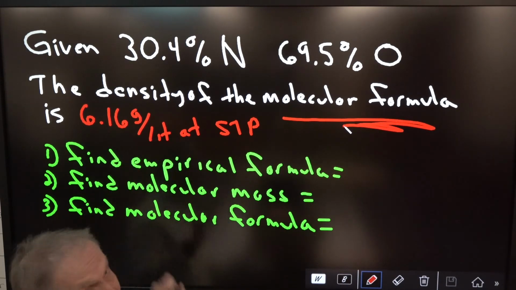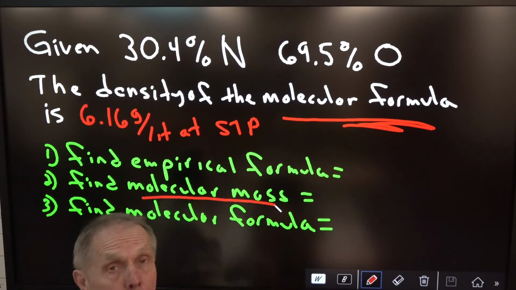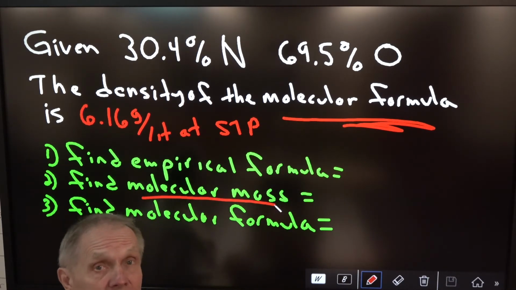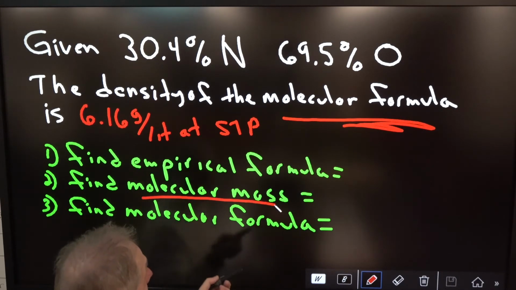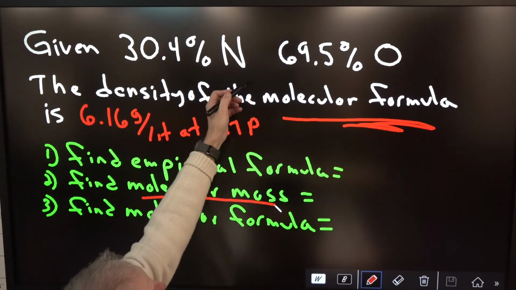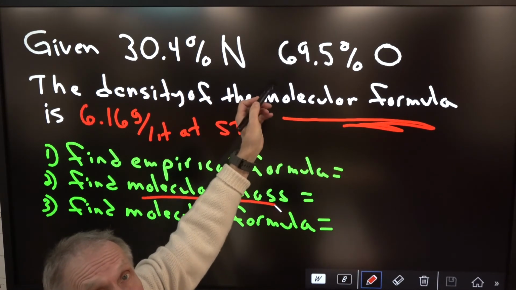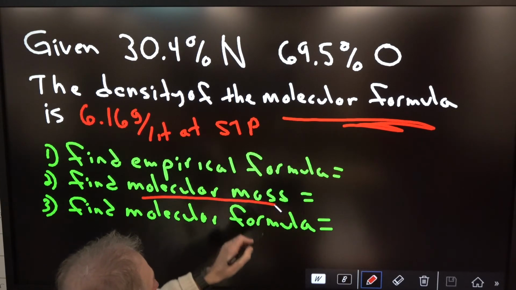From that density, you can find the molecular mass. Once you find the molecular mass, after you find the empirical formula, you take the empirical mass, divide it into the molecular mass, and you got that.